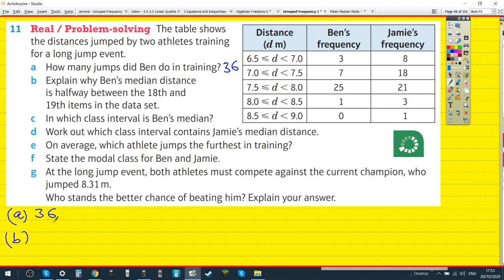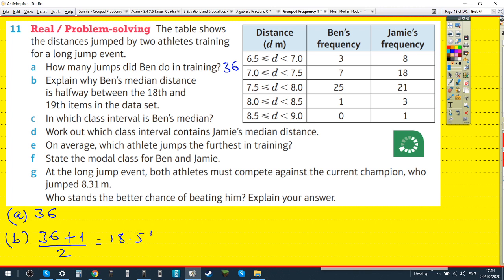So you add them all together as 36. 36 plus 1 is 37. Divide by 2. 37 divided by 2 is 18.5.